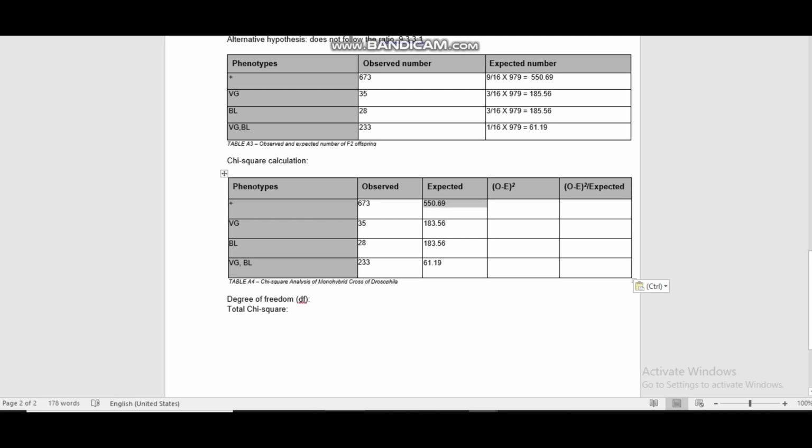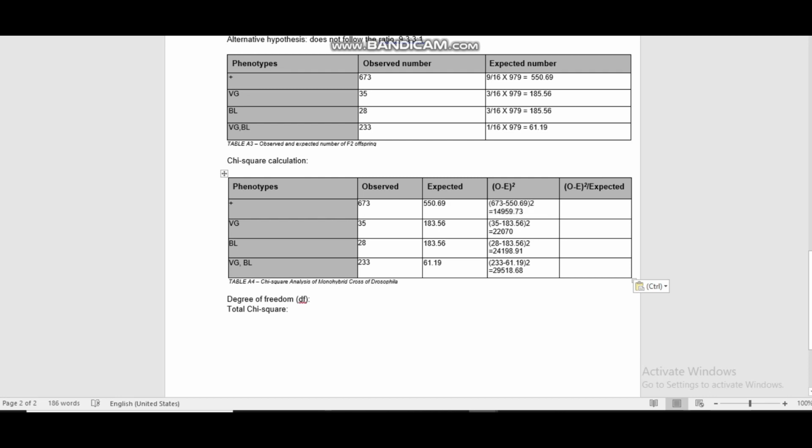So to find the value, we must do observed minus expected and power with 2. So this is our expected.